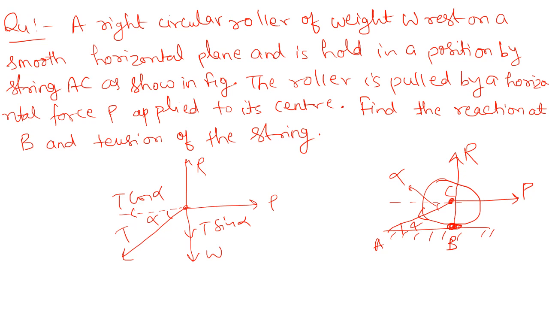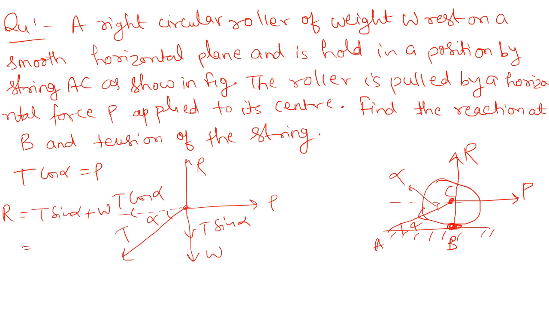Now you can compare the left hand component and the right hand component, and you get T cos alpha equal to P, and R equal to T sin alpha plus W.